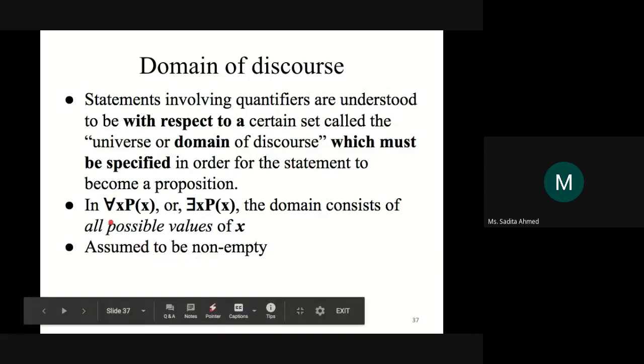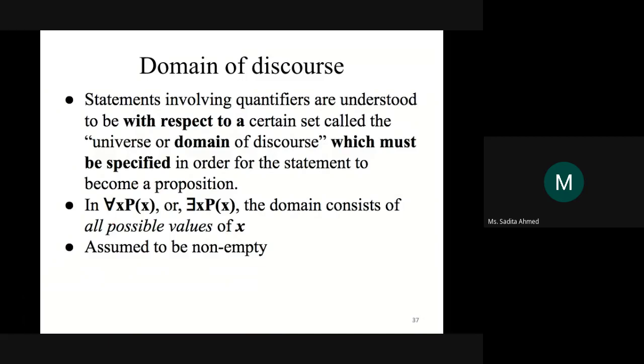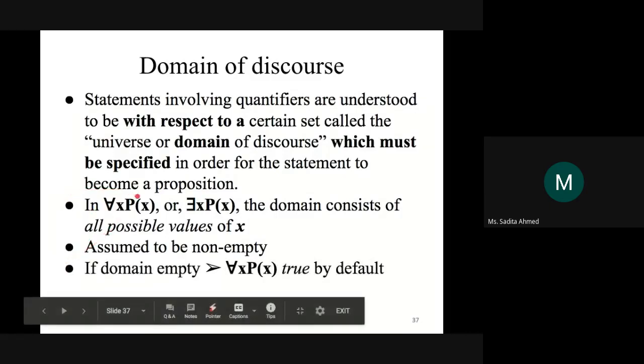There is nothing in the domain. There's absolutely nothing in the domain. So by default, we can say that yes, for all values of x, P(x) is true, because there is nothing in the domain. For all possible values of x from where? From the domain. So if the domain is empty, that by default makes the universal quantification true.